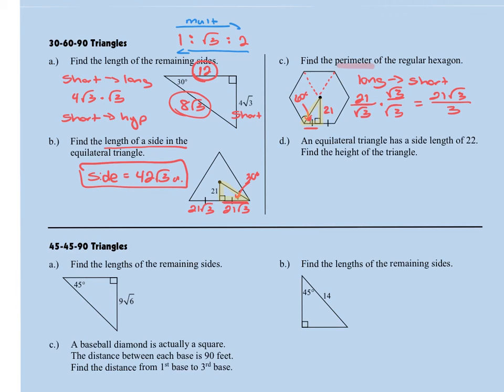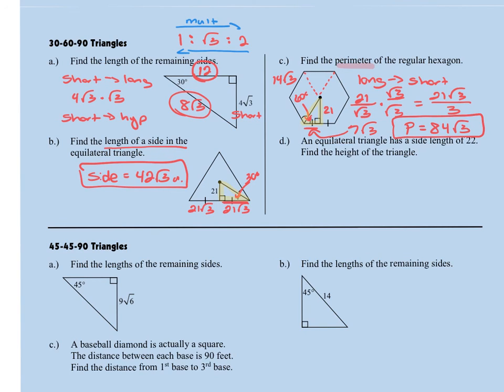So that's going to get us for that little piece here a 7 radical 3. Now, that's just the little piece, which means the whole side in the hexagon is going to be a 14 radical 3. And, of course, I want to multiply that by 6 to get my complete perimeter. So 14 radical 3 times 6 is going to give me an 84 radical 3.